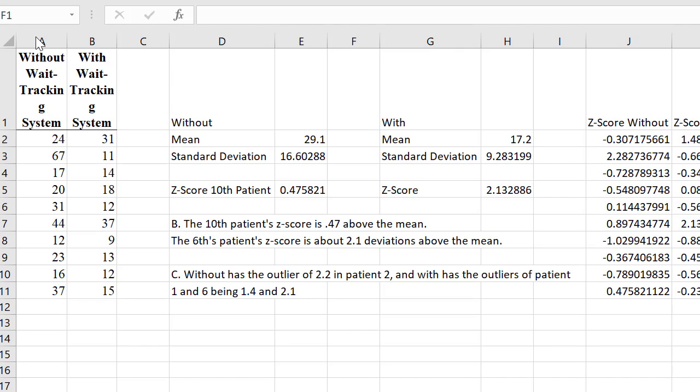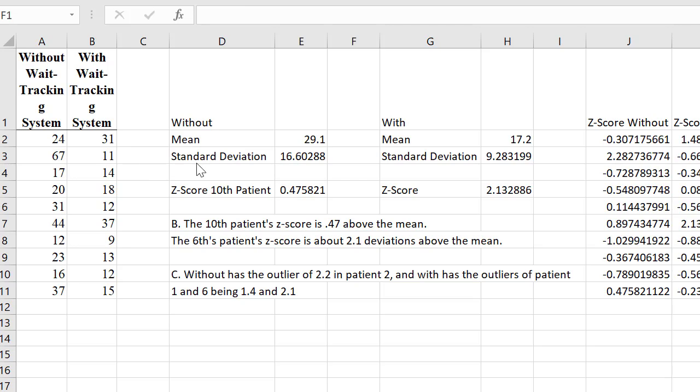What I've got on the screen now is problem 21. You're going to go back to the data that you have in problem 19. Basically you copy the data over again and then you answer the questions. It's asking you for the z-score for when you have 37 minutes here, or the 10th patient.